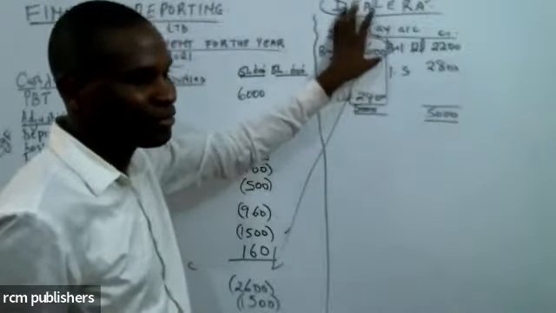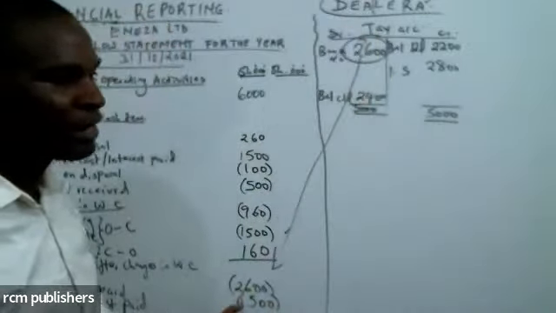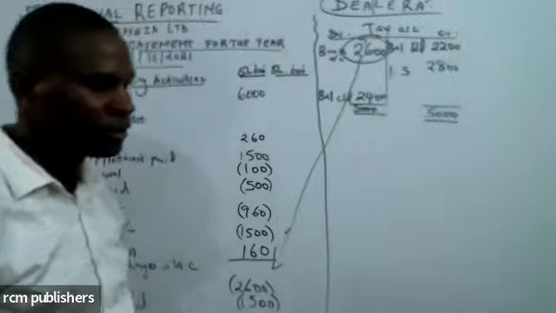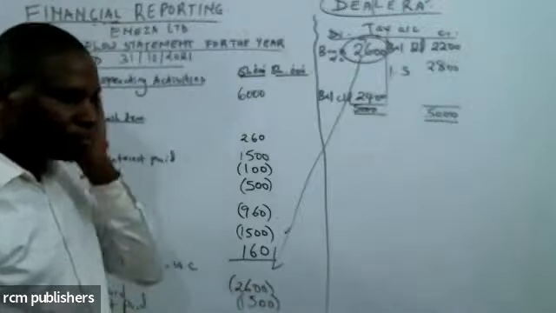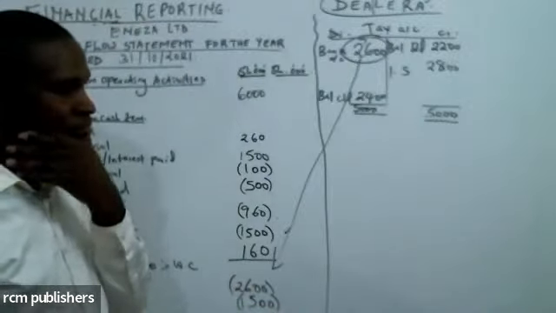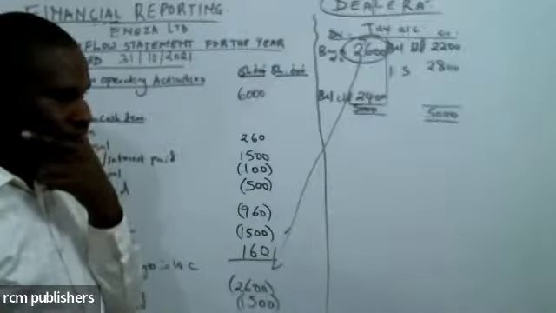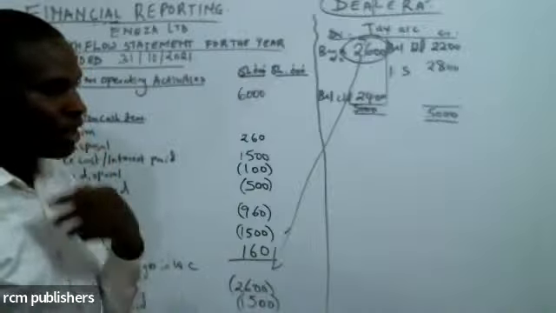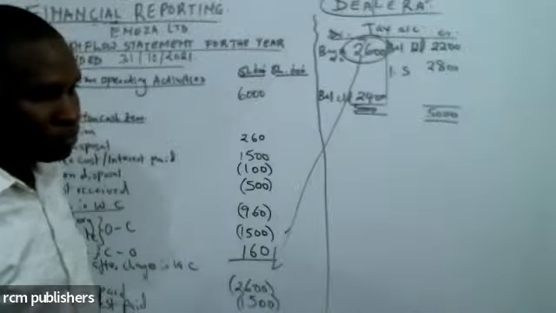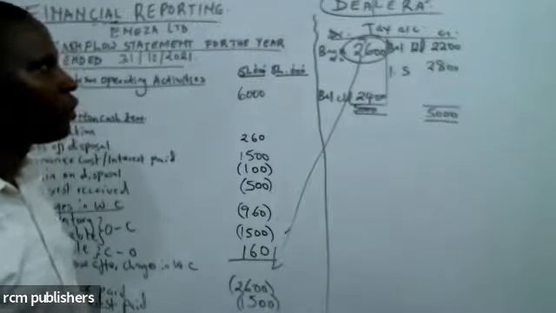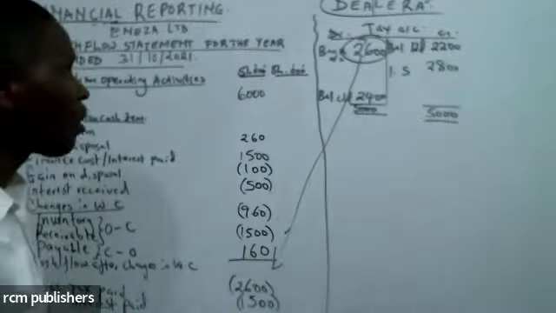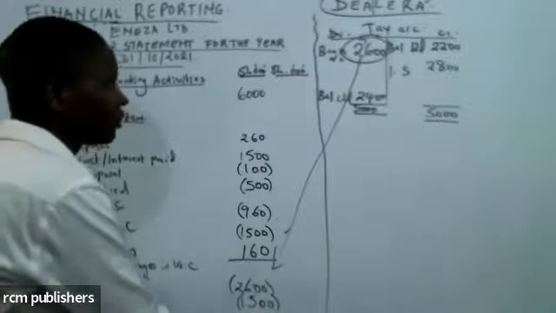Bank will be 1,500. That's why we did not adjust this. Sijui kama tunaelewana. Are we together? All right, good. So that is how you draw those accounts.